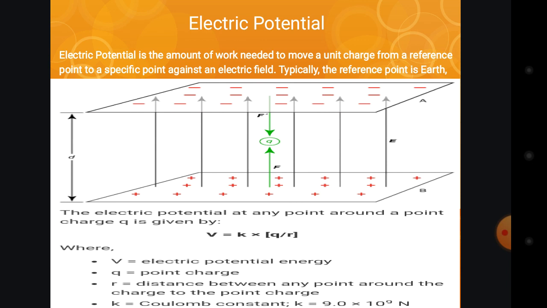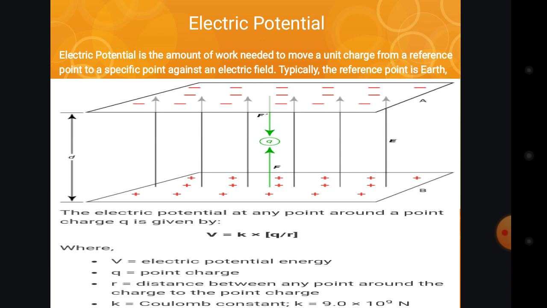The green lines are the charges, the q, and the lines going up are the electric field, the E, going upward.